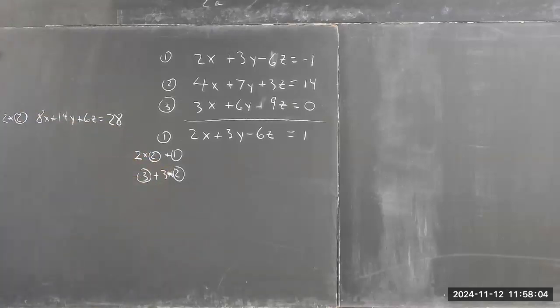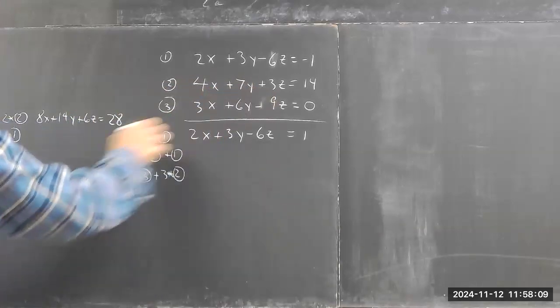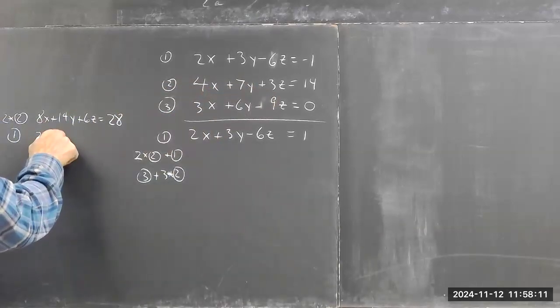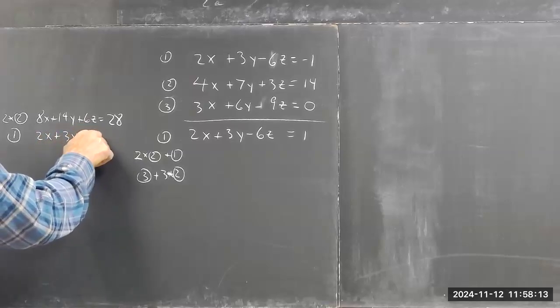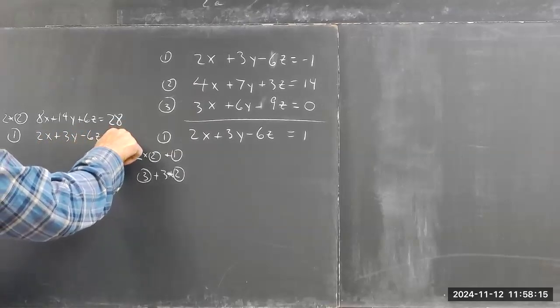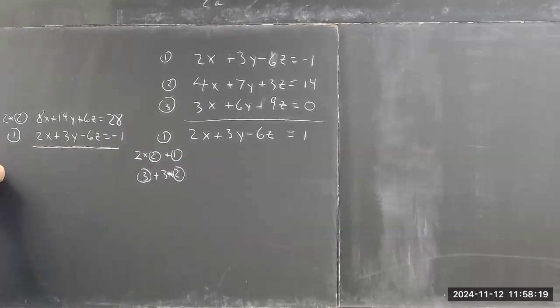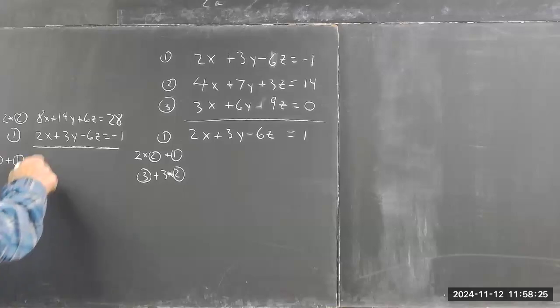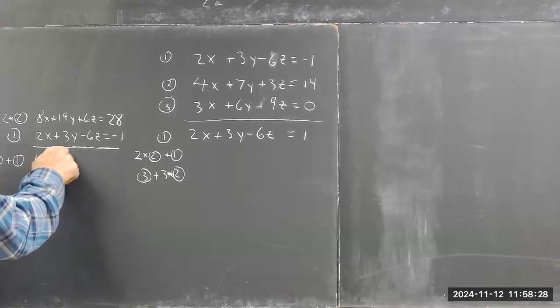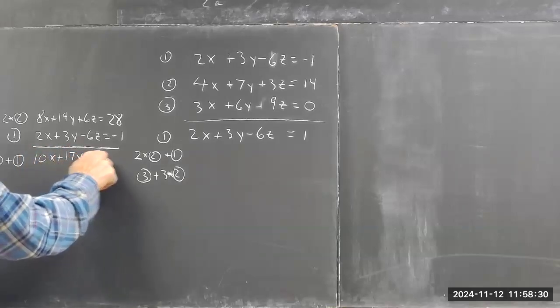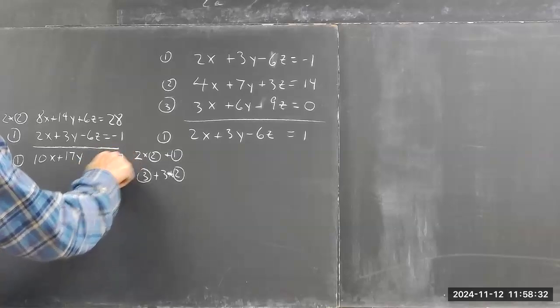And then we add equation 1. And we just take equation 1 just the way it is. 2x plus 3y minus 6z equals -1. And we add them. So we get 2 times equation 2 plus equation 1. And that's going to give us 10x plus 17y equals 27.